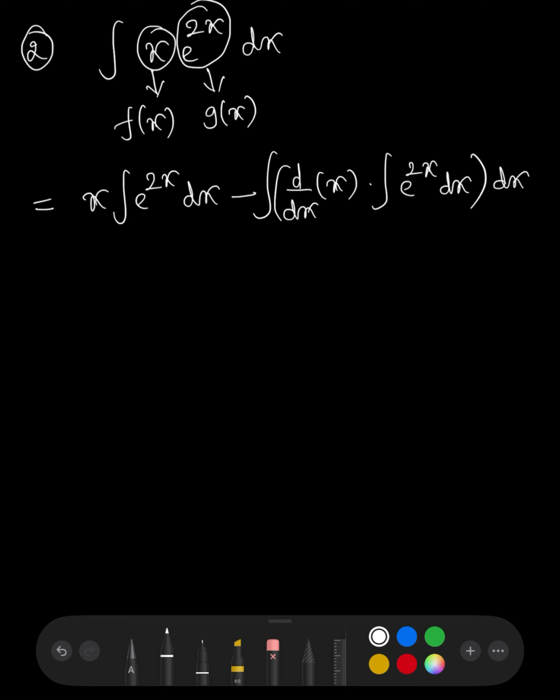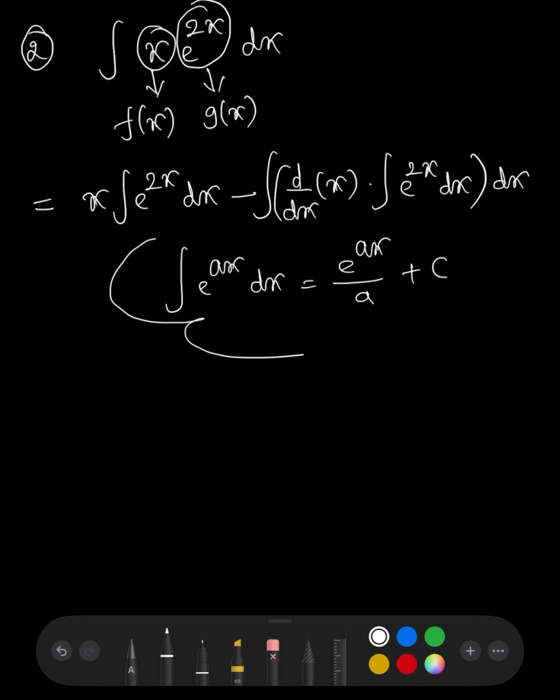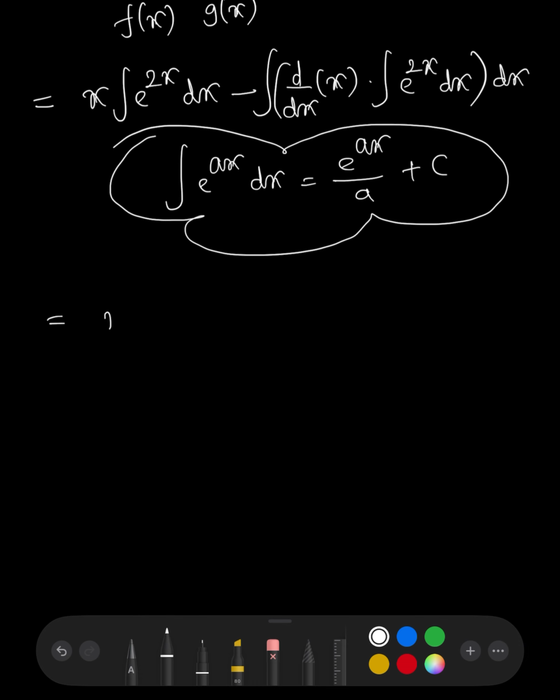whole dx. Now, using the formula, the integration of e power ax dx is e power ax by a plus c. Using this formula, x into the integration of e power 2x is e power 2x by 2, minus the integration of d by dx of x, which is 1, and the integration of e power 2x dx is e power 2x by 2, dx.